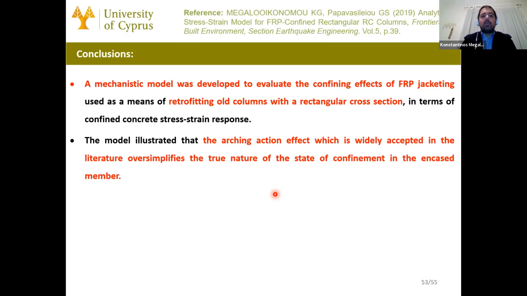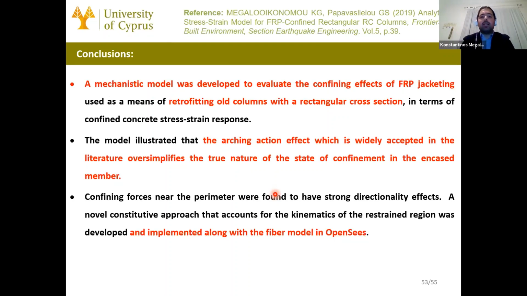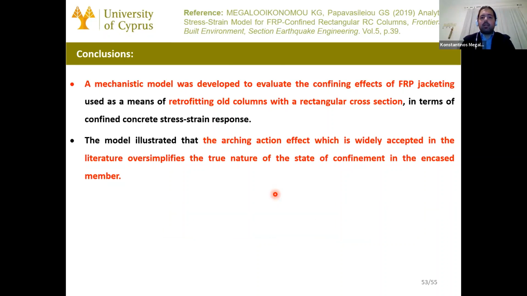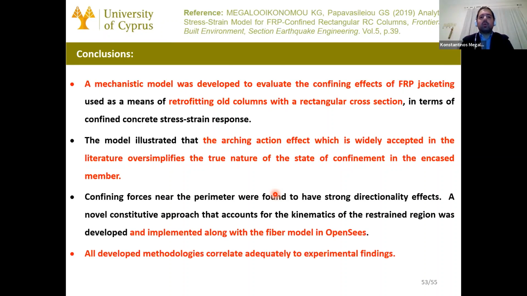And we found that confining forces near the perimeter have strong directionality effects. And the model was implemented in OpenSees, and correlated adequately to experimental findings.